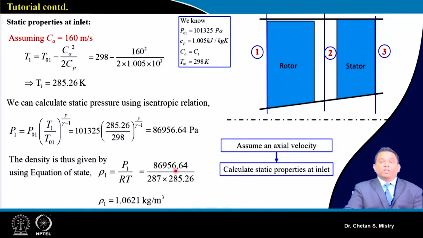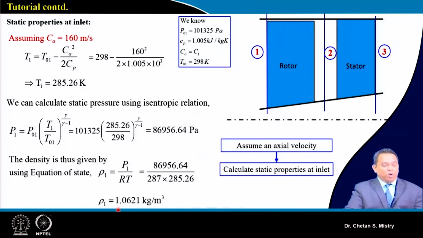Be careful with these units, suppose you are taking kilopascal and pascal, so be careful in taking this unit, otherwise this density will not come. Okay, so this density comes as 1.0621. So you can say this entry static density is known to us.